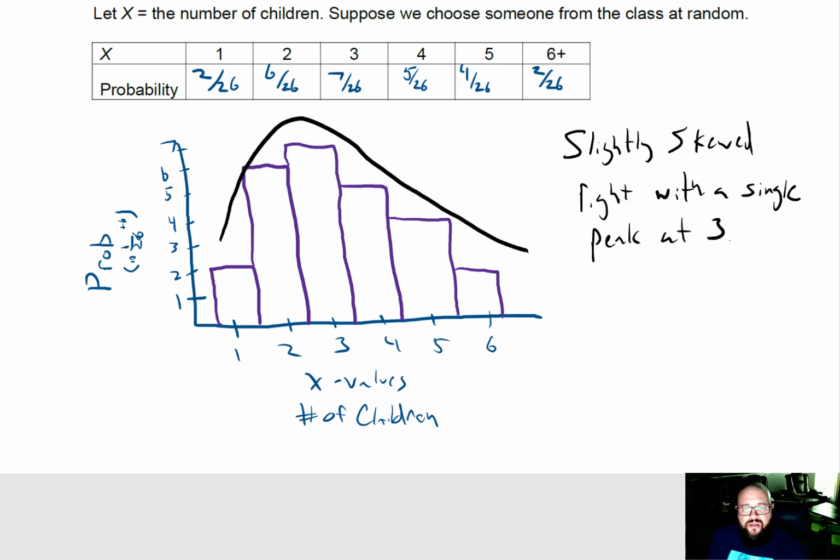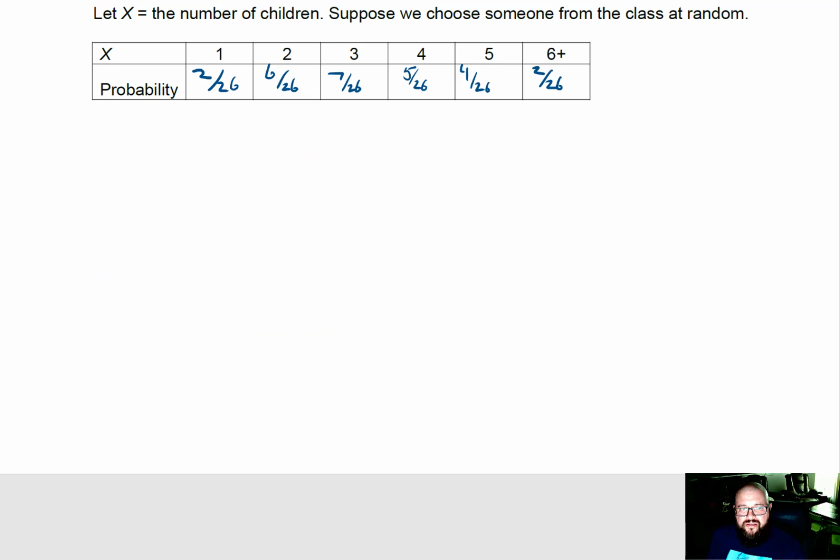All right. So now let's look at it a little bit probability-wise. Let's see, describe in words, and then we'll also find the probability of x being greater than or equal to 3. So the probability of x being greater than or equal to 3.